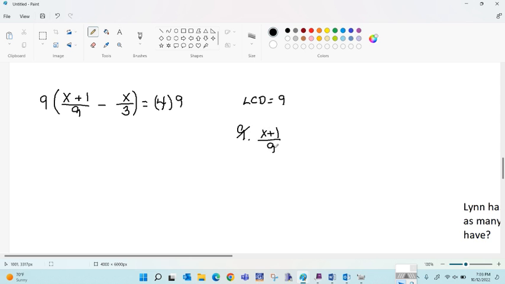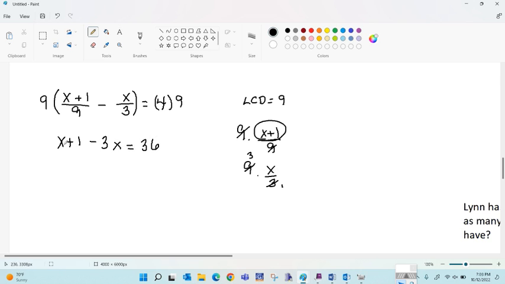The 9's cancel out and you're left with x plus 1. 9 times x over 3. The 3 and the 9 cancel out. So you're left with 3x, and the equation becomes x plus 1 equals 3x plus 36.